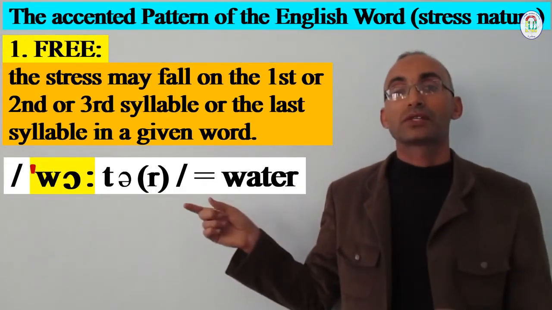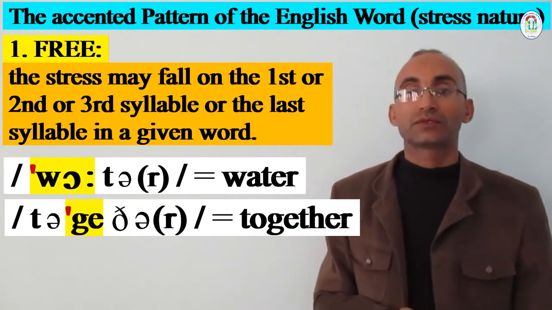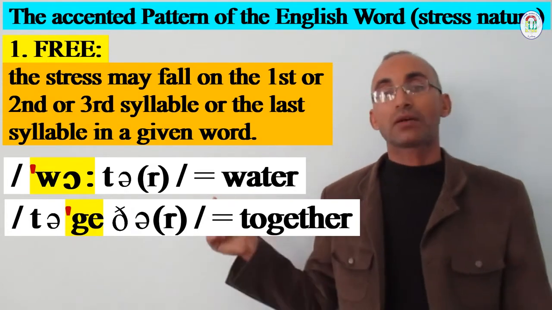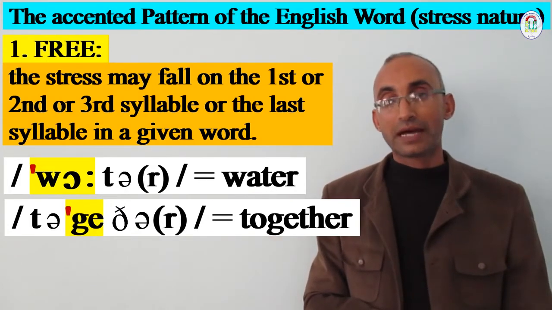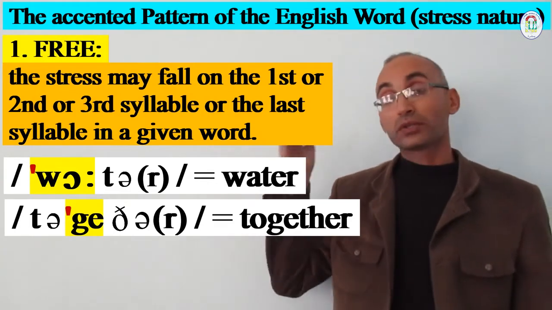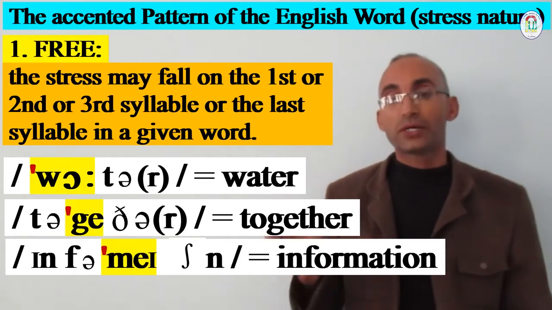It's the first one. In the second word, I have together. So, ge here is the second syllable, which is stressed also. Clear? Also, I have the third word. It is information.